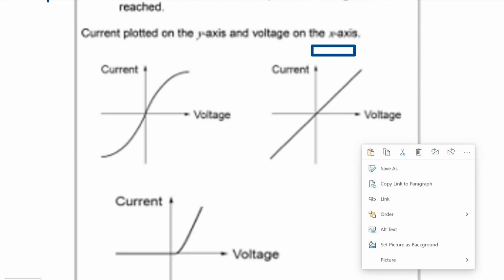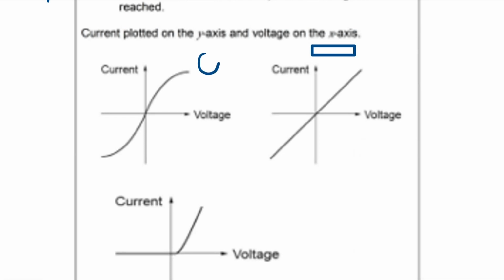For the bulb's got a different shape, it's got this curved shape here. And the diode, which is a component that we haven't seen before, the shape is like that. So we're going to be learning how to carry out an experiment.